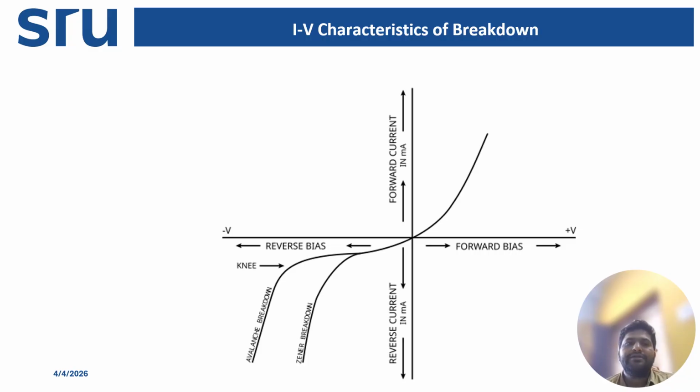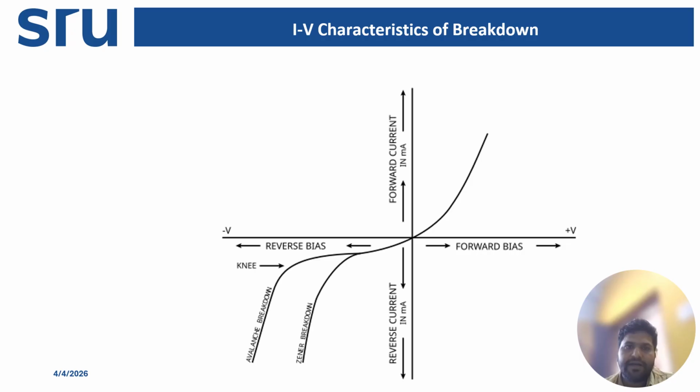In the breakdown region, reverse current increases sharply. Voltage across the diode remains almost constant. The diode conducts heavily in the reverse direction. This happens due to Zener breakdown at low voltage and avalanche breakdown at high voltage.